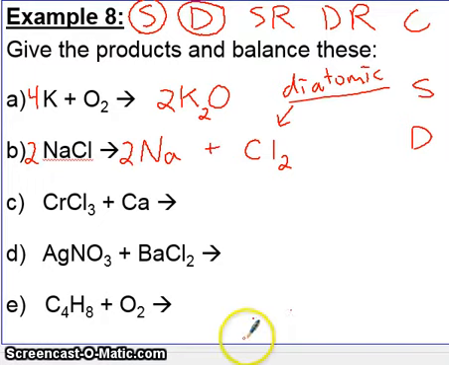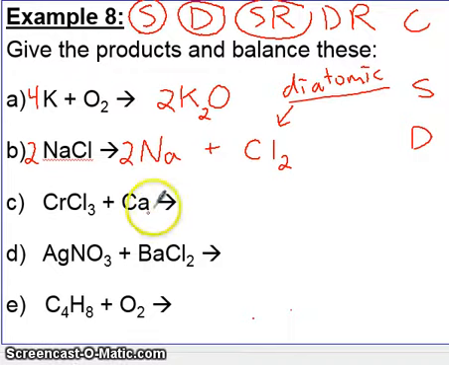Okay, how about the next one? How about part C? Let's see if we can predict which of these 4 it is. We have a compound and a single element. So most likely it's going to be single replacement. Anytime you have a compound and an element, the element will replace a similar element in the compound.